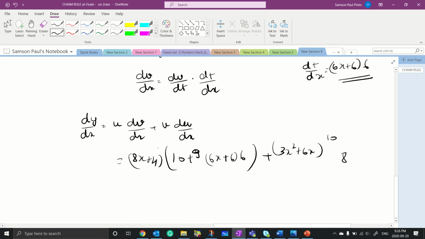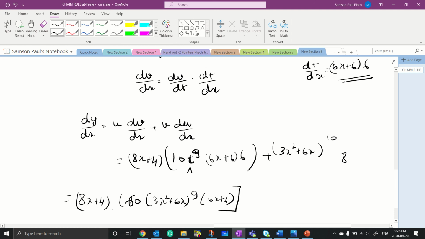But mind you that there is still a t here, and that t should be substituted. So (8x plus 4) into 10 (3x square plus 6x)^9 into (6x plus 6) into 6.